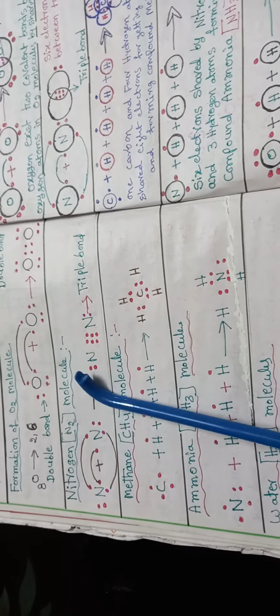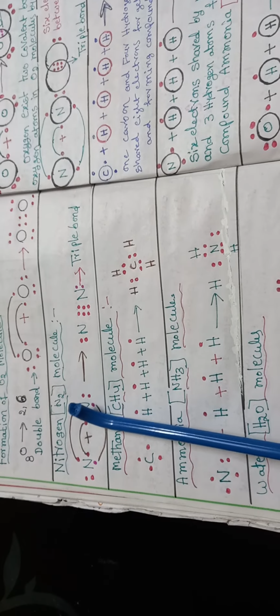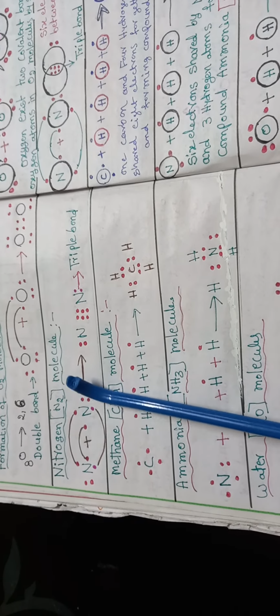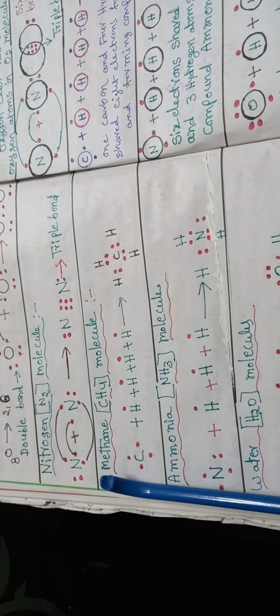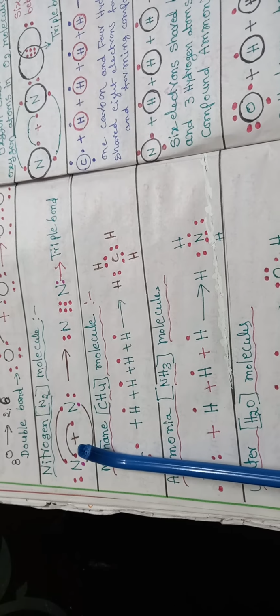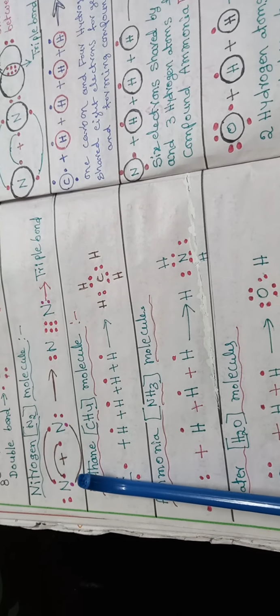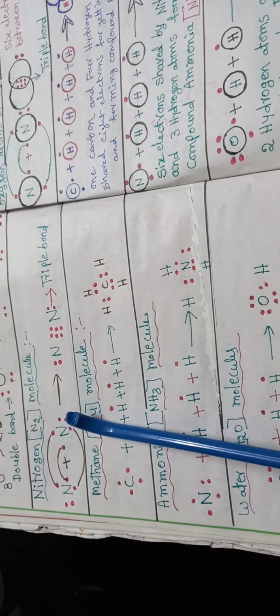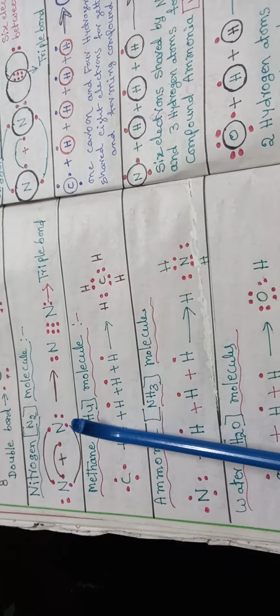Next one, nitrogen molecule. How many nitrogen atoms are there? 2 atoms are there. N2 means 2 atoms of nitrogen in one molecule. How many valence electrons are there in one nitrogen? 3 valence electrons are there, and another nitrogen atom has 3 valence electrons.